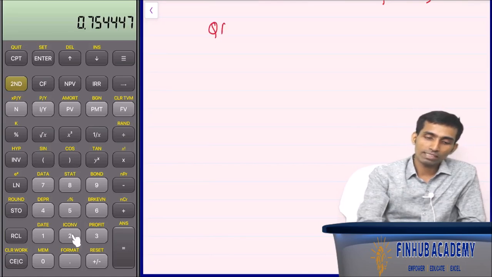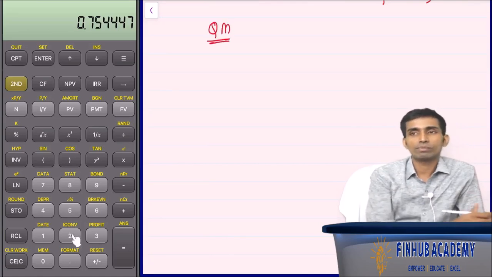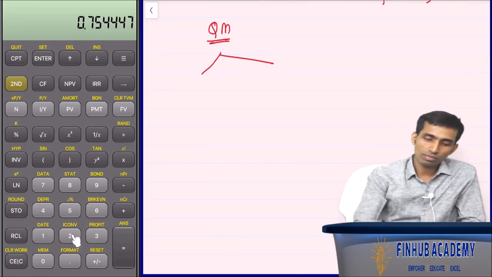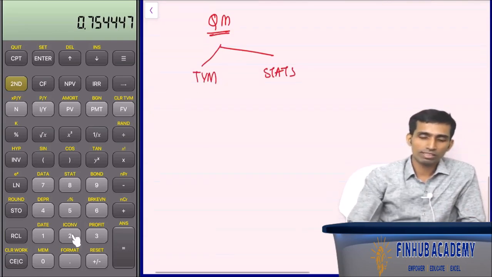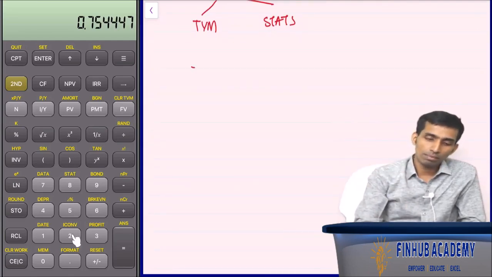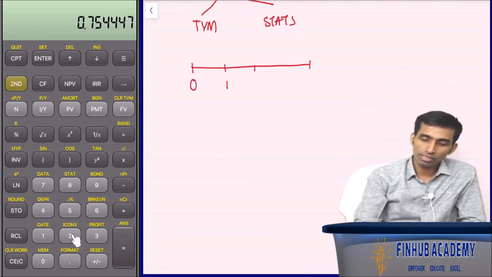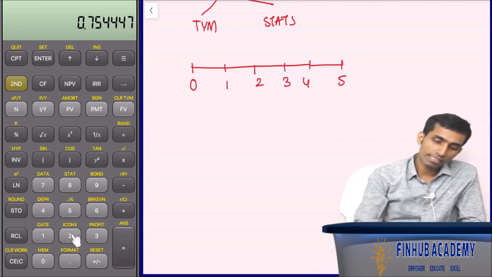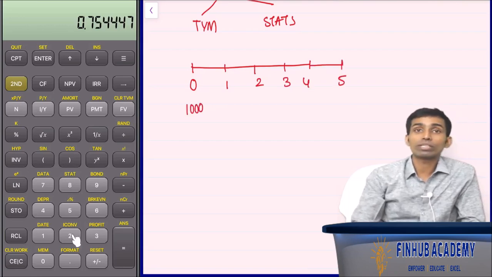Now let's say I'm coming to quantitative analysis, QM. In QM there are 2 parts, one is TVM, one is statistics. So now my focus is on TVM. Let's say in any of these sums, this is called a timeline. Let's say a person is ready to deposit this 1000 today.